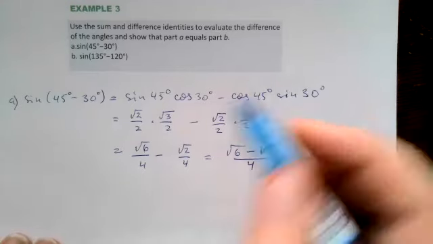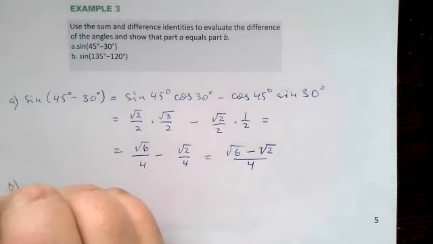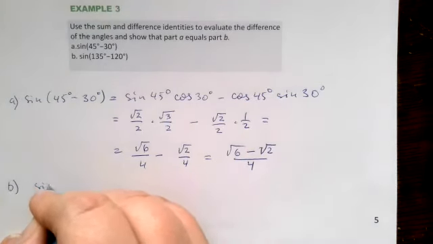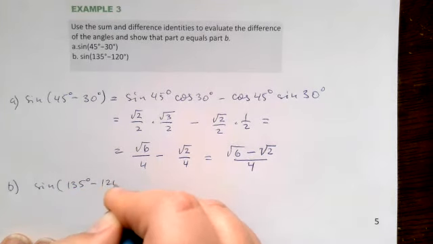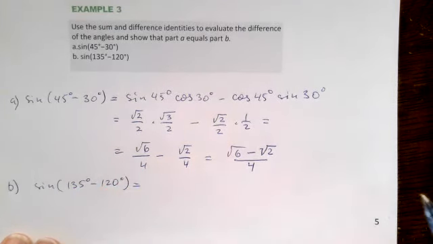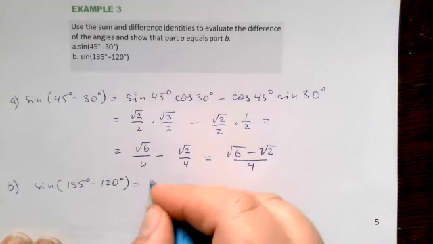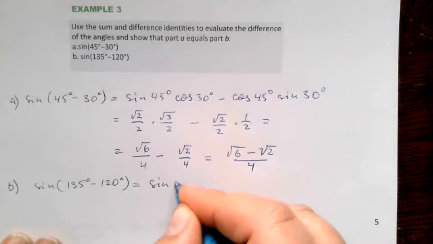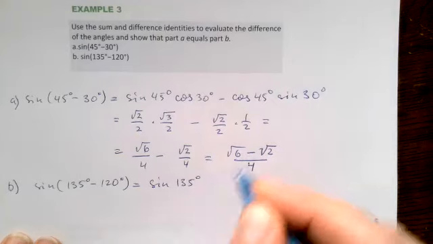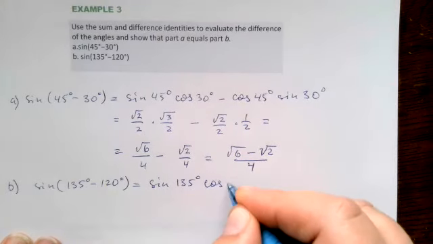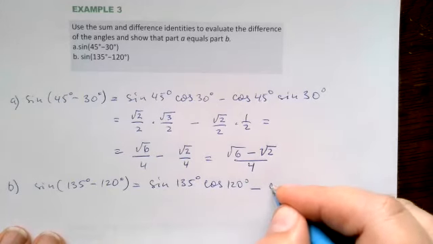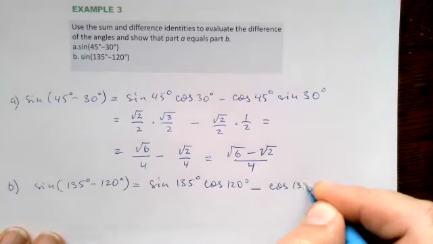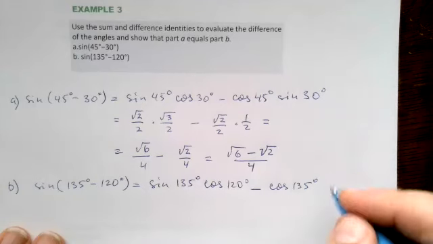Okay, let's now take a look at expression B. We have sine of 135 degrees minus 120 degrees. Again, applying our formula, we're going to have sine alpha times cosine beta minus cosine alpha sine beta.